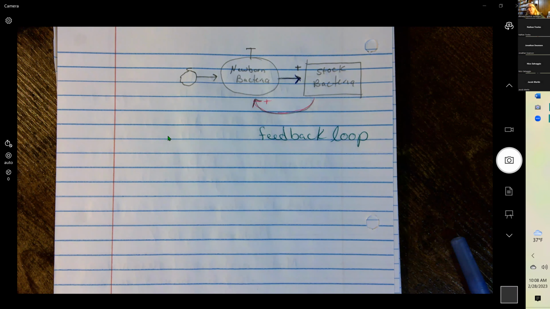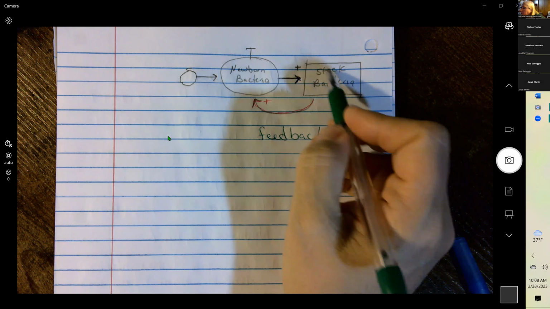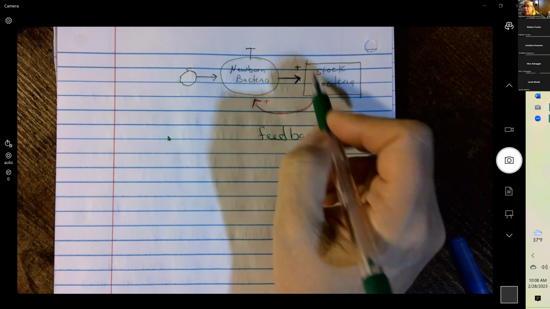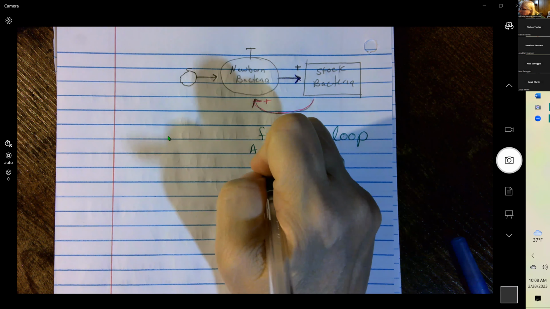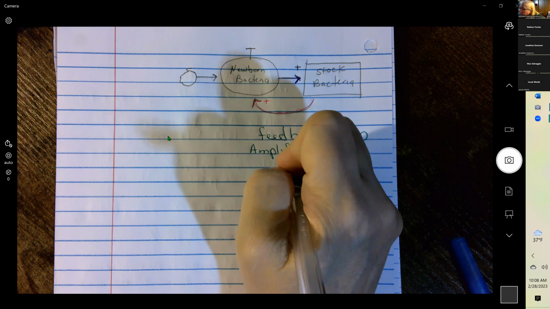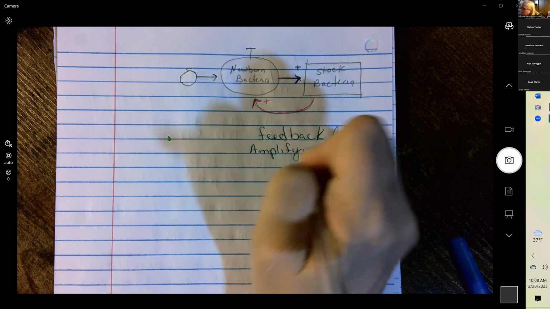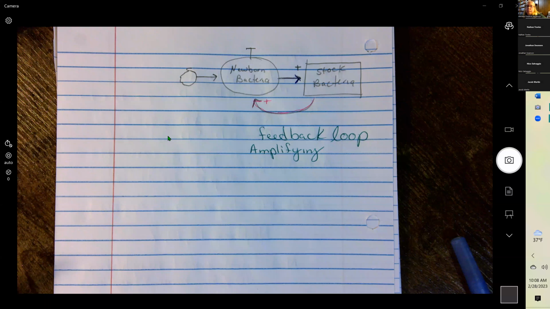If there's an odd number of negatives, then it's stabilizing. So this loop keeps increasing and increasing, it's amplifying. Any questions on that one?